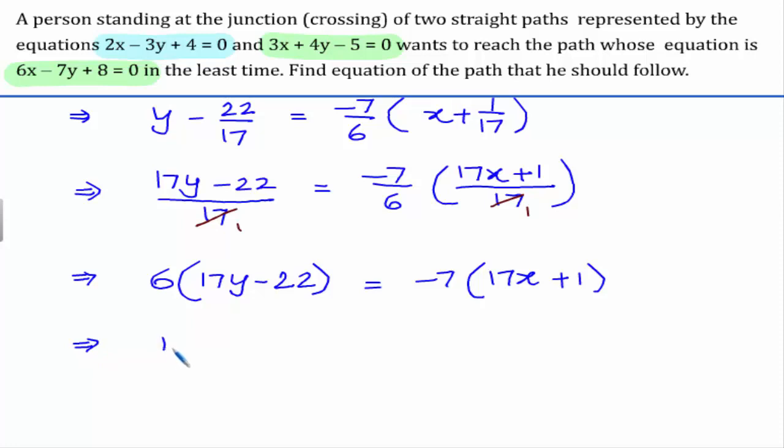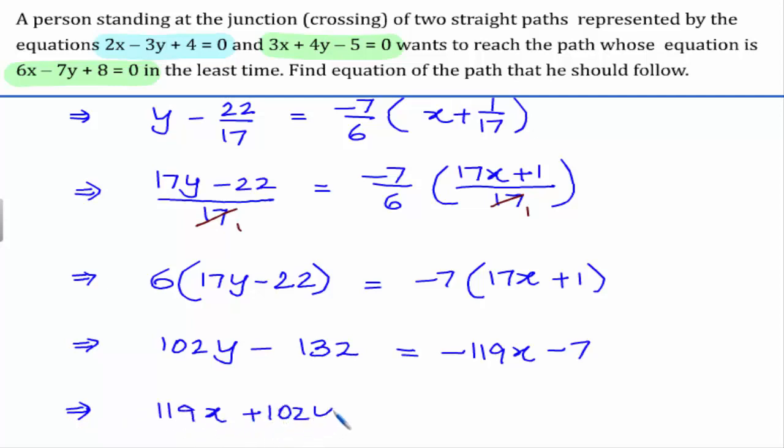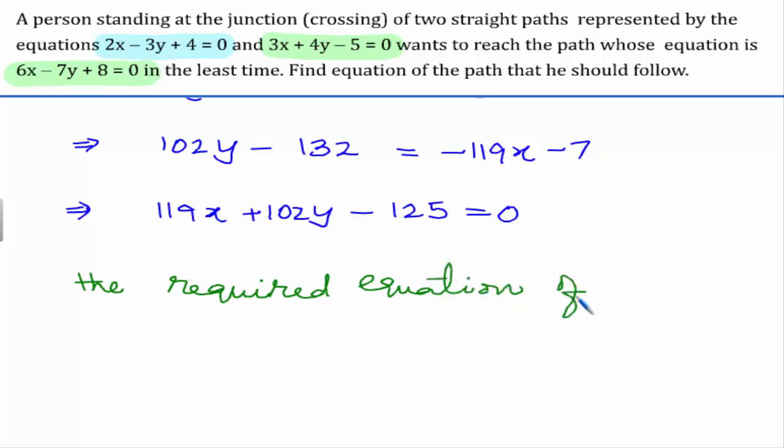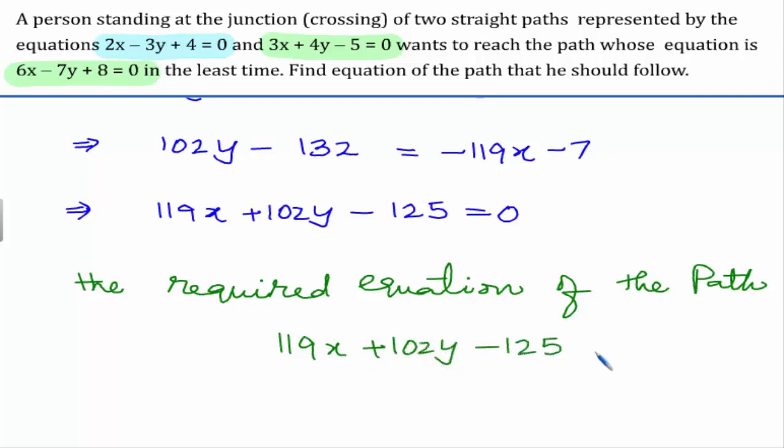If we simplify this, this is 102y minus 132 is equal to minus 119x minus 7. So if we write all the terms together, we get 119x plus 102y minus 125 is equal to 0. So the required equation of the path which the person has to follow is 119x plus 102y minus 125 is equal to 0.